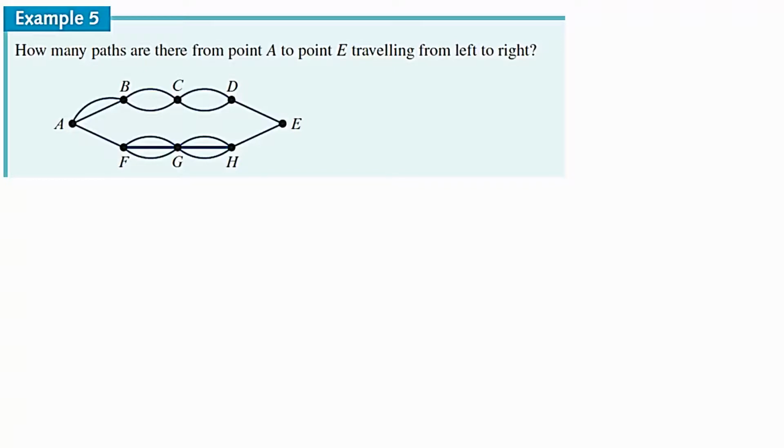So how do we calculate this? How many different ways are there from A to E? How did you know it was 15? What did you do?